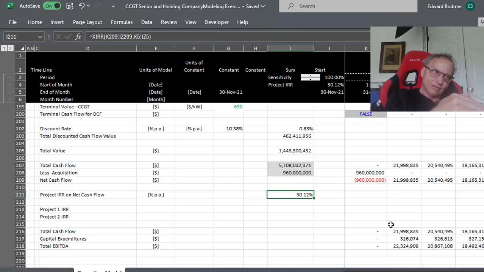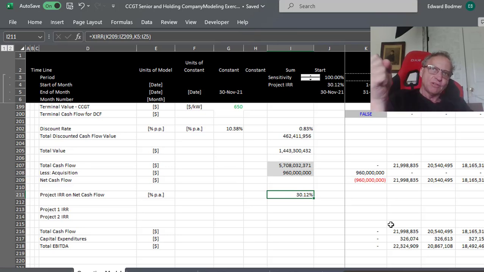If this is where you start, if you're in a competitive market and you have the ability to make 30% project IRR, this is not equity IRR, and the merchant prices are allowing you to earn that sort of rate of return, you ask what will happen. It's a simple question.